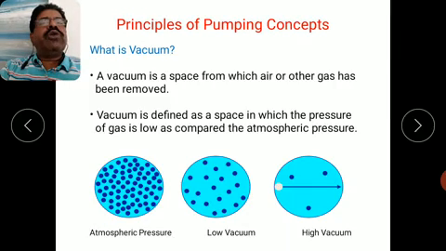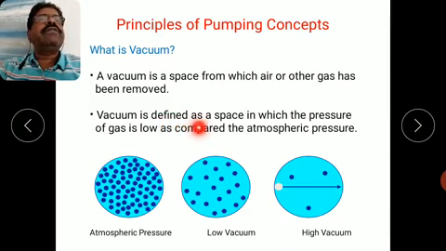The number of gas molecules colliding with the surface or wall of the container creates some force. So this force exerted per unit area is nothing but the pressure exerted by this gas inside the container. So if you reduce this pressure, then you will be able to create a vacuum.